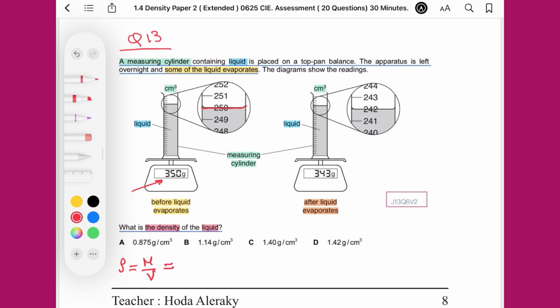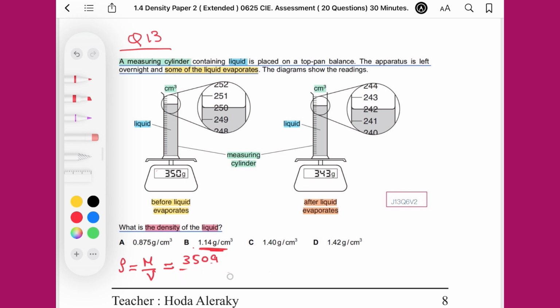So they substitute 350 grams divided by 250 cubic centimeters, and they get an answer. And you will find the answer here, but this is wrong. Why? Because this is not the mass of the liquid. This mass includes the mass of liquid and the mass of the measuring cylinder. So this will not be used.